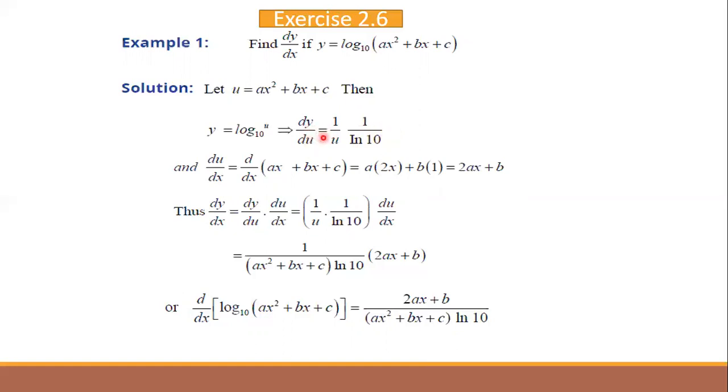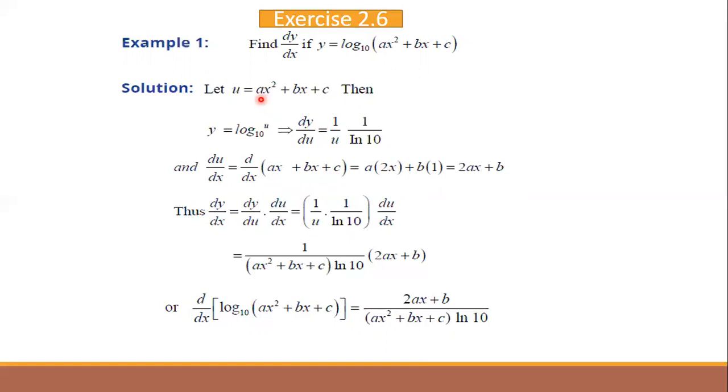So dy by du is equal to 1 by u into 1 over natural log of 10. Here x is the independent variable and u is the dependent variable, so the derivative of u with respect to x is d by dx of ax square plus bx plus c.